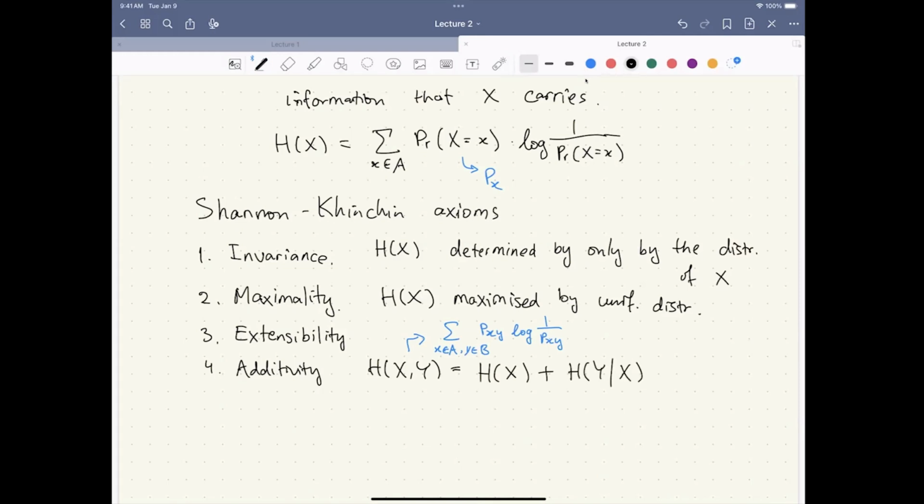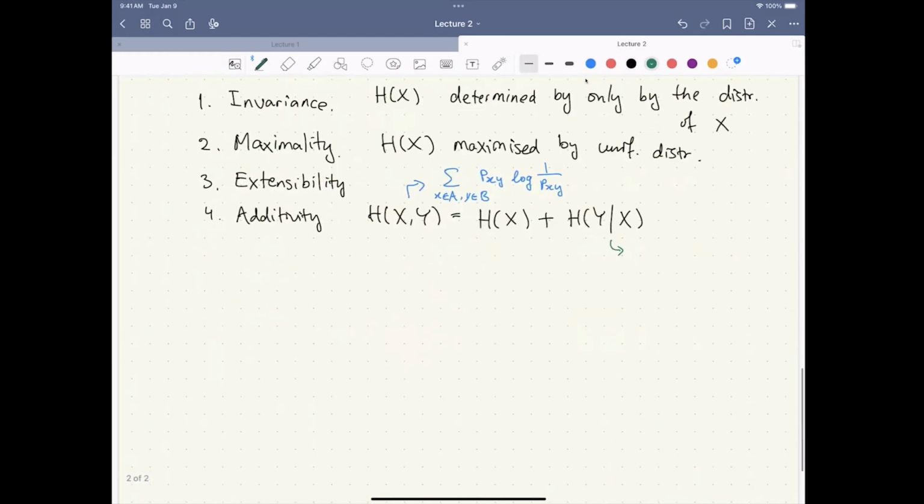This is the conditional entropy. And let's also recall the conditional entropy definition. This is the expectation over all possible values of the outcome of X, of the entropy of Y given that X takes this value little x.